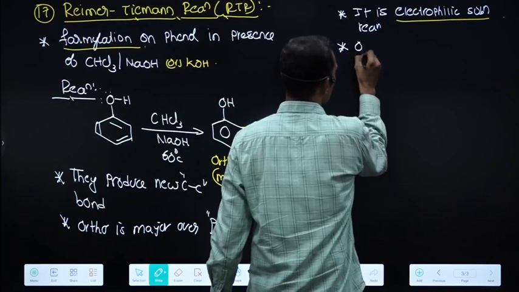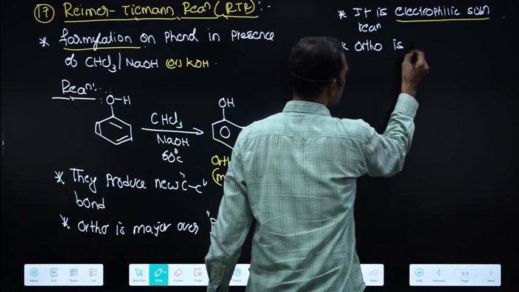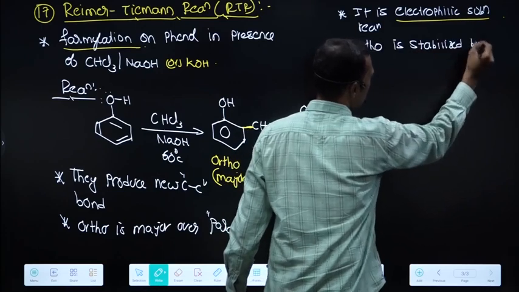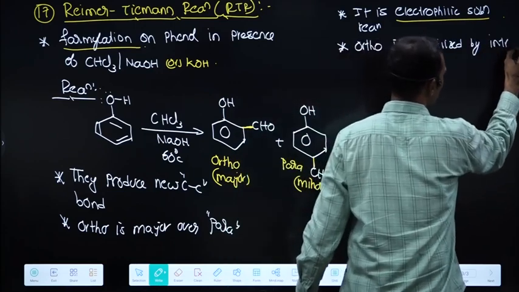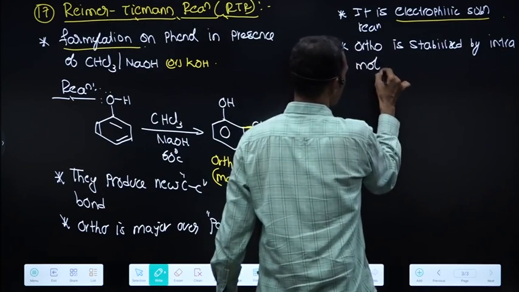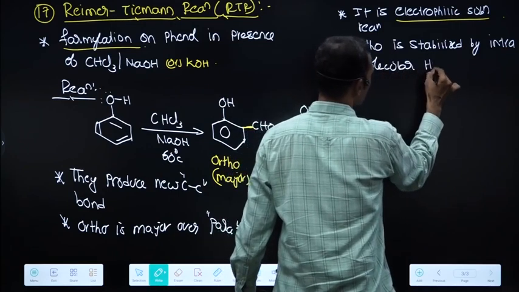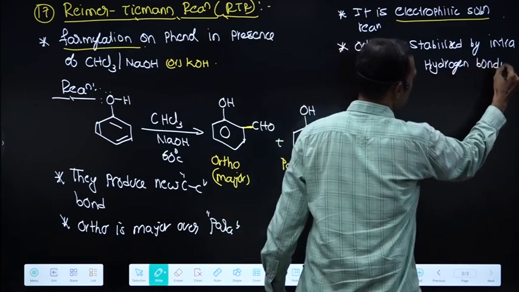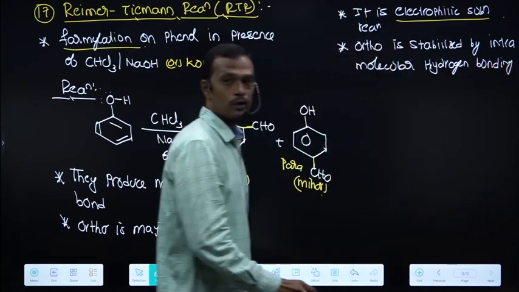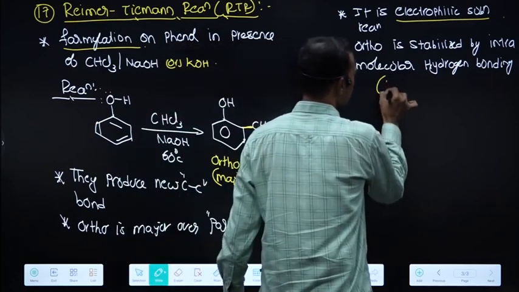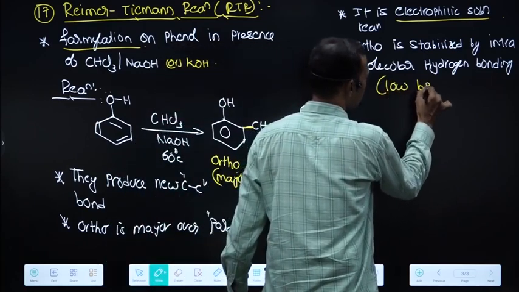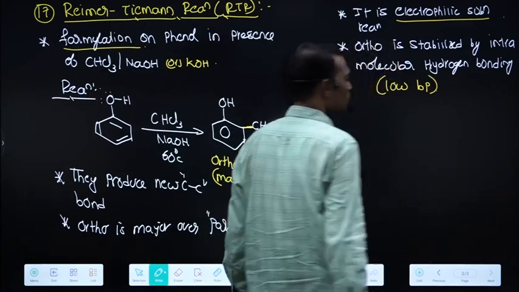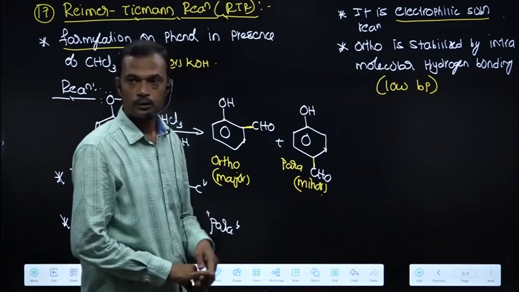Okay. So ortho, how is ortho stabilized? By intramolecular hydrogen bonding. That's why ortho exhibits low boiling point, and we can separate this by using steam distillation technique.